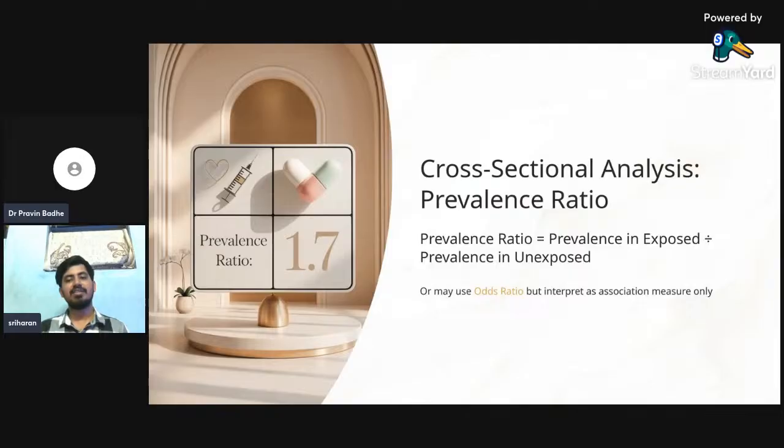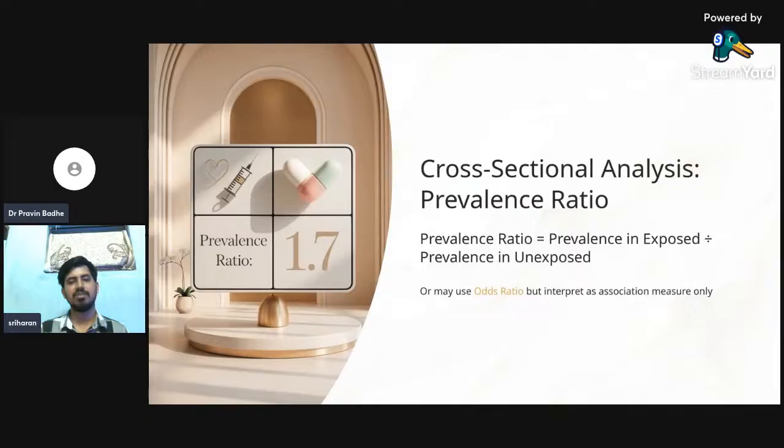In a cross-sectional study, the statistical analysis is the prevalence ratio. Prevalence takes place in two types: point prevalence and period prevalence. Point prevalence is the number of patients divided by the total population at a specific point.